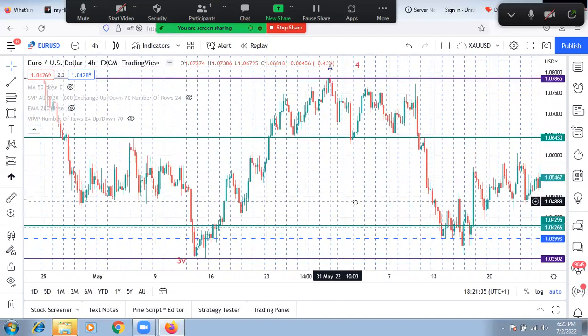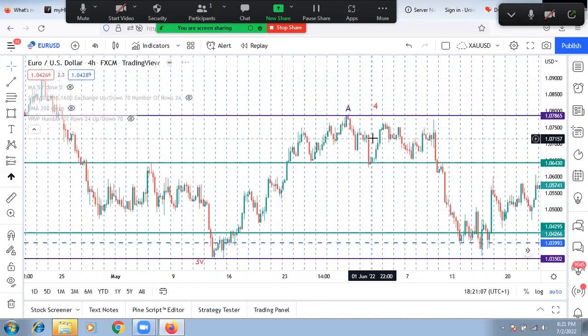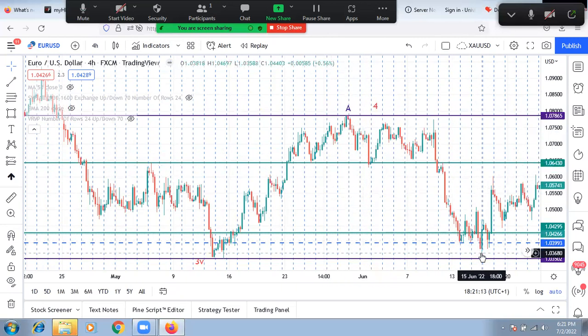If this is the first wave here, as you can see, of 5, for 5-1 to complete here, and we are seeing this as a 2 correction, is it a 2 correction?